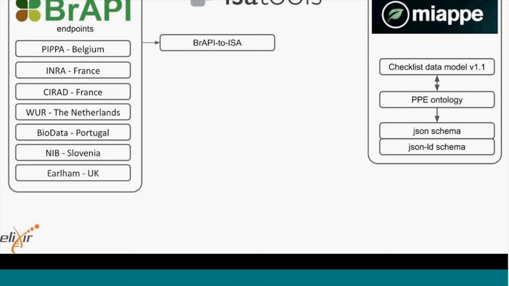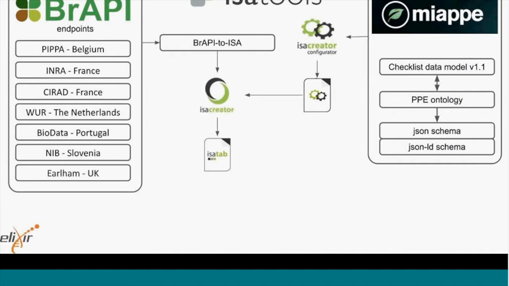So on the first side, to get access to the data, we have developed a script that takes breeding API endpoints and provides this data and metadata in an ISA object way. On the metadata side, we have integrated the MIAPPE standard using the ISA creator configurator to a configuration file that is appropriate for ISA.